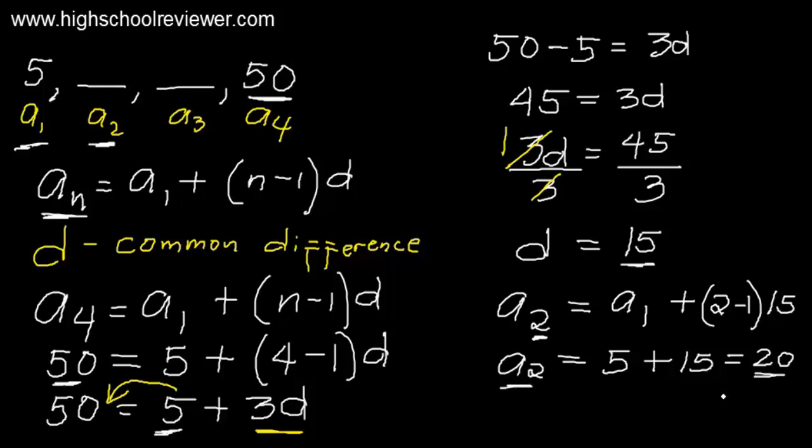Now to find a sub 3, we will just add the value of a sub 2 to d. So a sub 3 will just be equal to a sub 2 plus d. What is the value of a sub 2? That is positive 20.